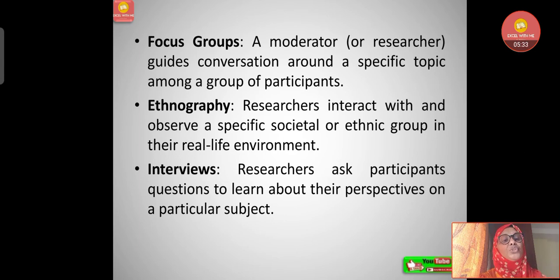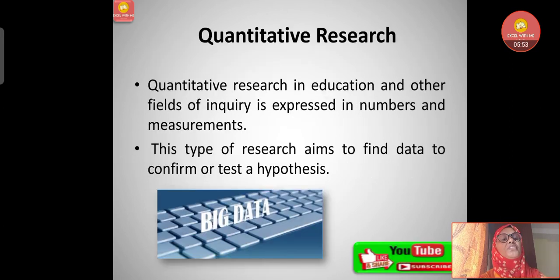Ethnography itself tells you about culture. That is, researchers interact with and observe a specific societal or ethnic group in their real life environment, and then proceed with the study. Then comes interviews. Researchers ask participants questions to learn about their perspective on a particular subject, and then they note it down. So these are all the qualitative research methods.